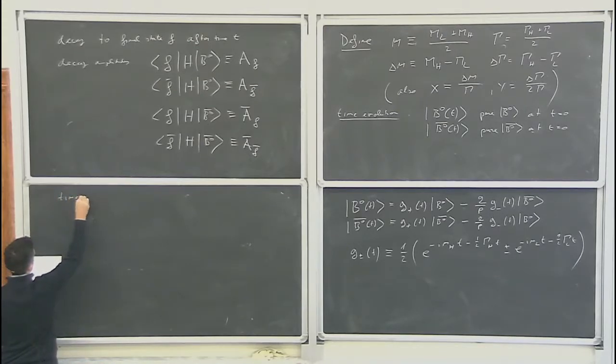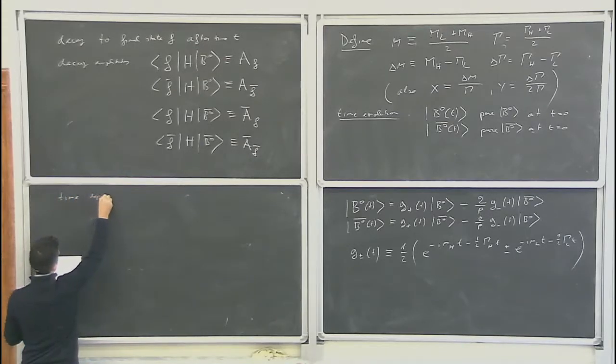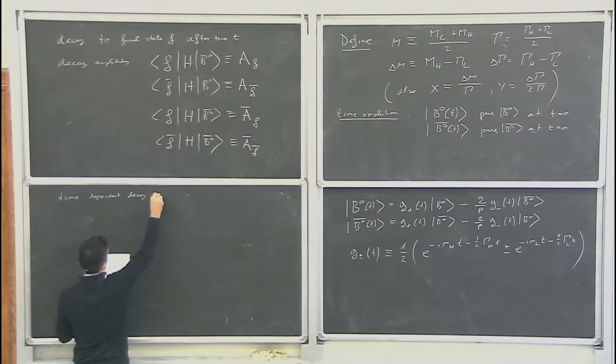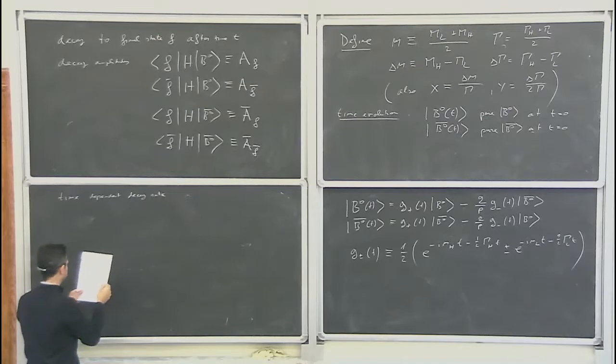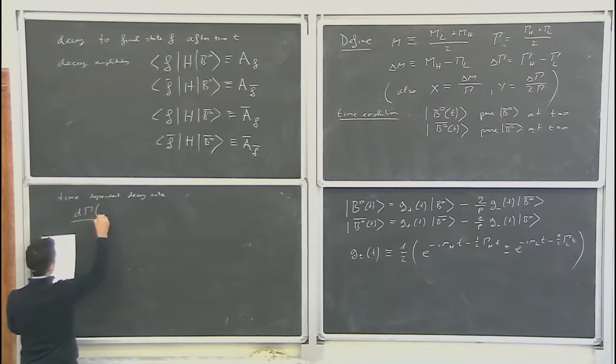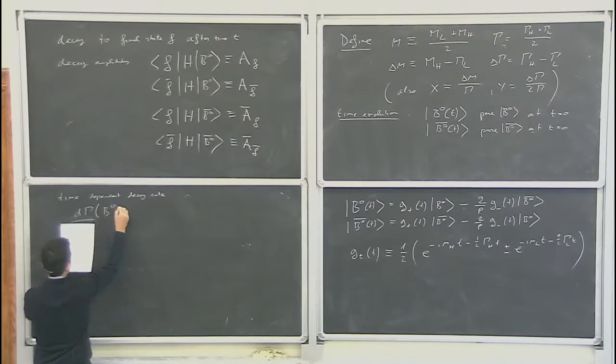So I can write down the time-dependent decay rate, d gamma, of, let's say, B naught of 0.